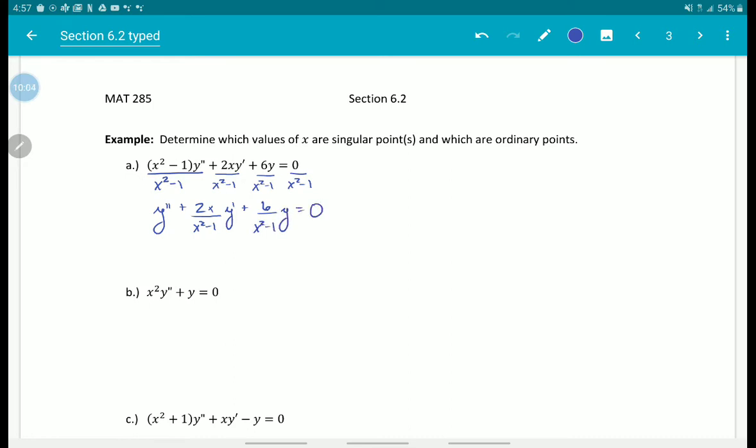Because we've divided by that a2 of x, now we've introduced some domain restrictions. So we are going to be singular anywhere that denominator is going to be 0, and that's going to happen at plus and minus 1. Everything else is going to be fine, so we're going to say we're ordinary everywhere else.